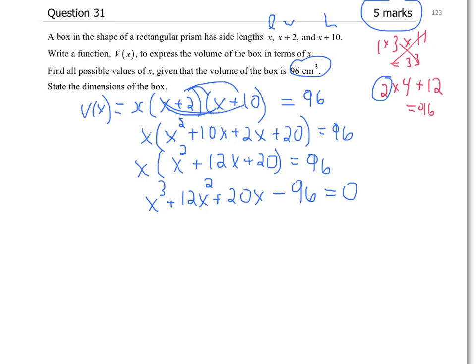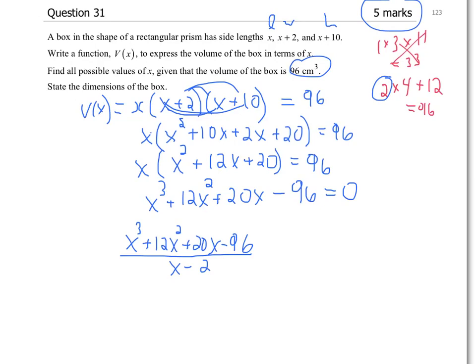So I'm going to attempt to factor this: take x cubed plus 12x squared plus 20x minus 96 and divide that by x minus 2.